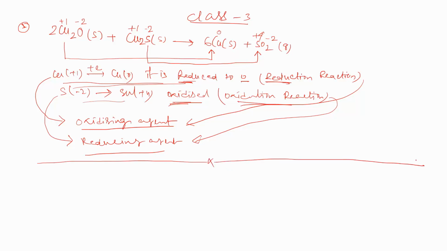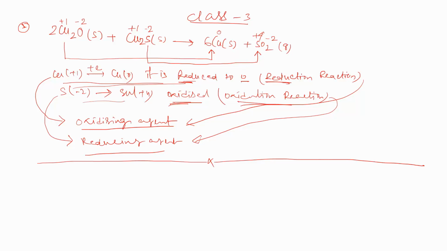We have realized that in the redox reaction chapter, basically there are two reactions. One is the oxidation reaction, another is the reduction reaction, which I taught in the first class. Then I taught the oxidizing agent and reducing agent. In most cases you have to decide which is the oxidizing agent and which is the reducing agent based on the charge, based on the oxidation number of the metal, or based on the electron transfer theory.